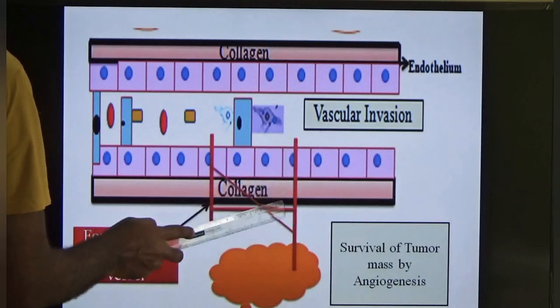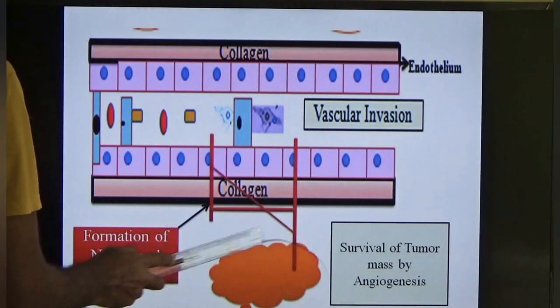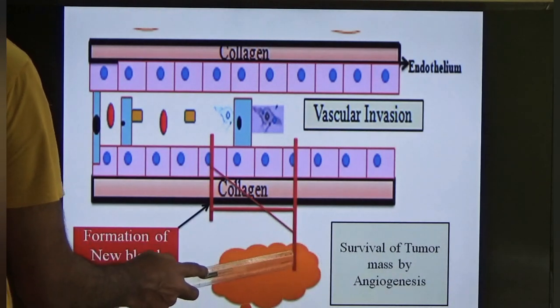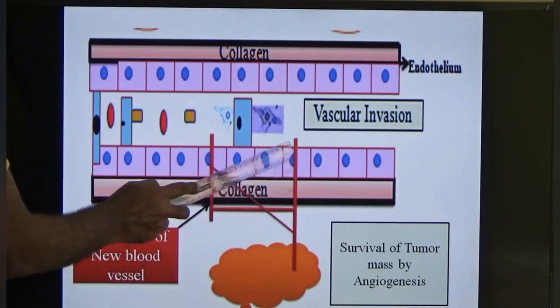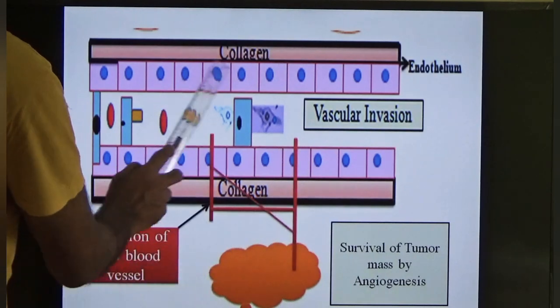The blood vessel. These tumor cells are autonomous, they can secrete growth factor. That growth factor stimulates the formation of new blood vessels, which leads to the tumor cells surviving. This is known as the development of the tumor.